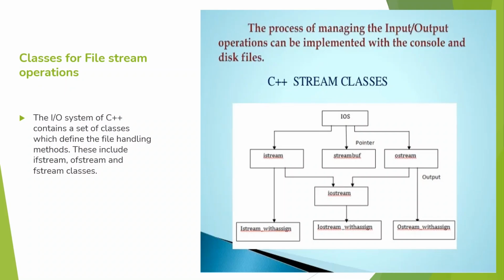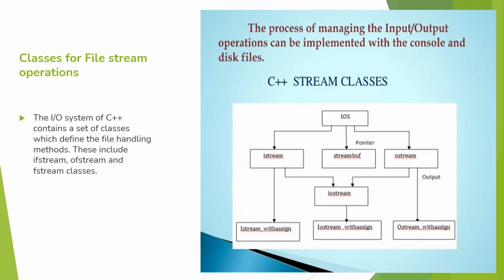The main base class is ios, and everything else is derived from it. It inherits istream, stream buffer and ostream. The istream and ostream combine to form iostream. Next, istream with assign, iostream with assign and ostream with assign.